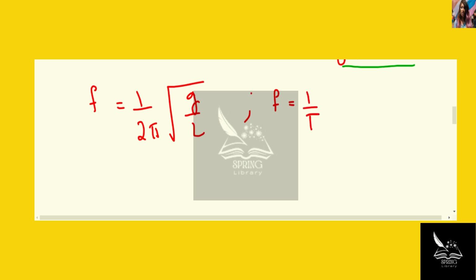Now frequency we know equals 1 upon 2 pi root of g upon L, because frequency equals 1 upon T. Now the length doesn't change. Here the length is not changing. So f remains to be 0.125 hertz, because L doesn't change and all the others are constant. F doesn't change.